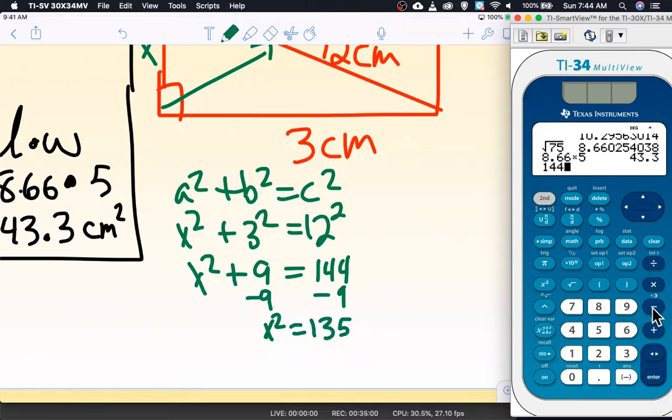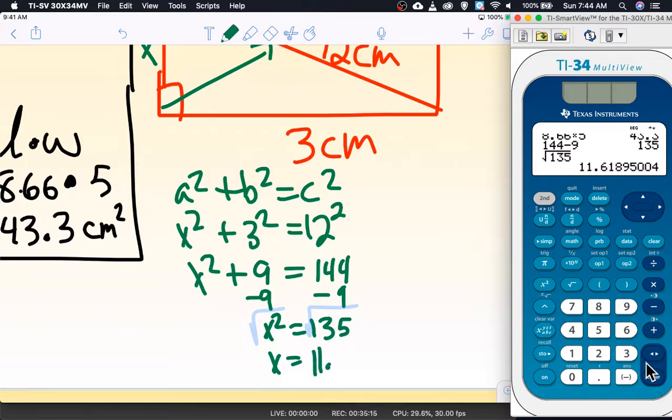My brain's not working now. Double check it. There we go. I'd hate to make a stupid mistake and get it wrong. Square root, and x equals, if I square root 135, I get 11.62.